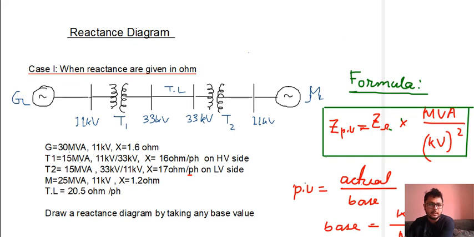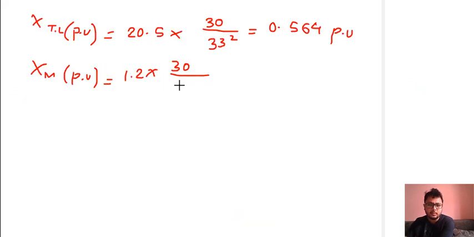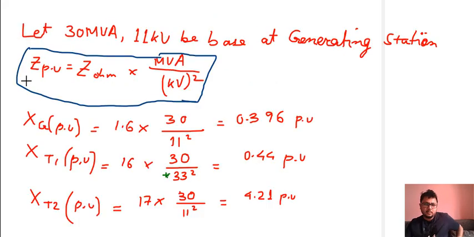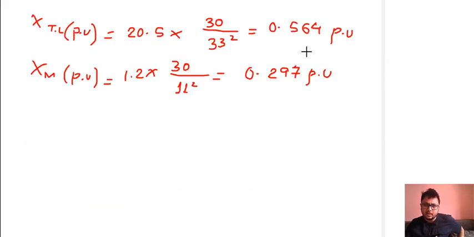The motor is connected to 11 kV, so 11 square, and we get 0.297 per unit. So these are the values we got: the generator reactance 0.396, transformer 1 reactance 0.44, transformer 2 is 4.21, then the transmission line 0.564, and for the motor it is 0.297.